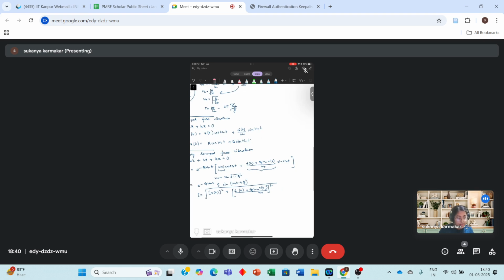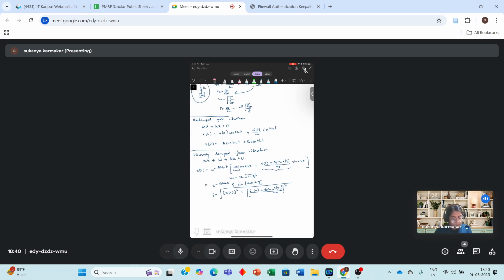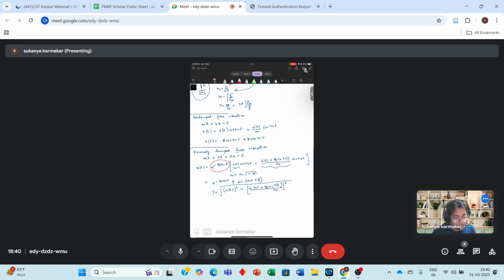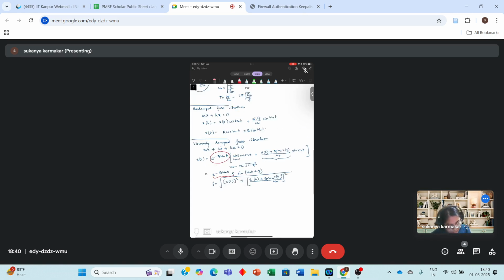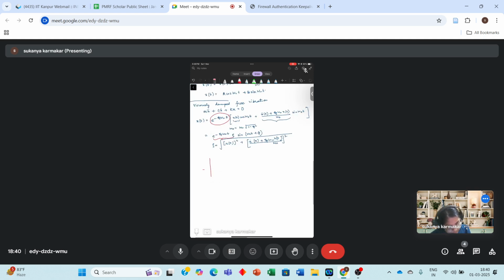So the only difference is that you have an exponential function multiplied at the front. This is what ma'am was referring to as the envelope curve. If you plot a sine curve with a phase difference, let's say the phase difference is 0, the amplitude will not decrease, it will remain the same.